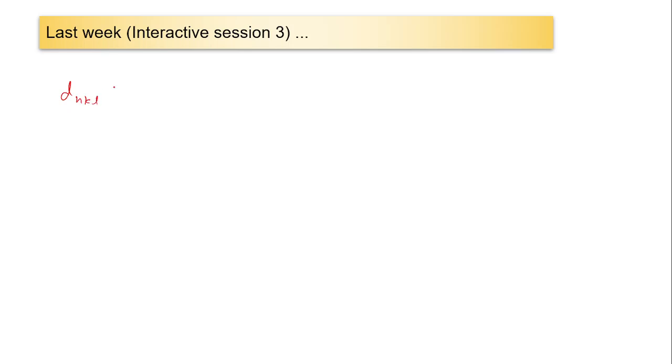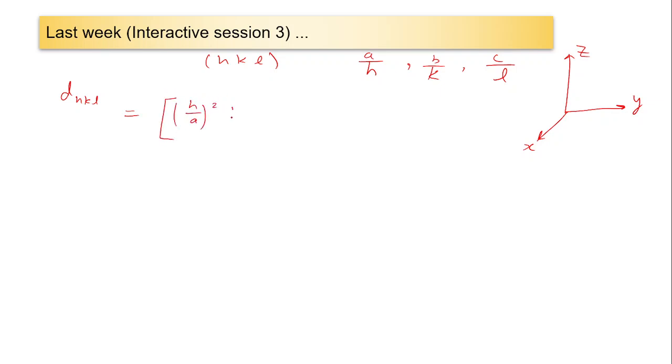If we have some HKL plane where the intercept on the x-axis is A by H, on the y-axis it's B by K, and on the z-axis it's C by L, then the distance between these parallel HKL planes, as we derived, will be 1 over root of (h by a) square plus (k by b) square plus (l by c) square.